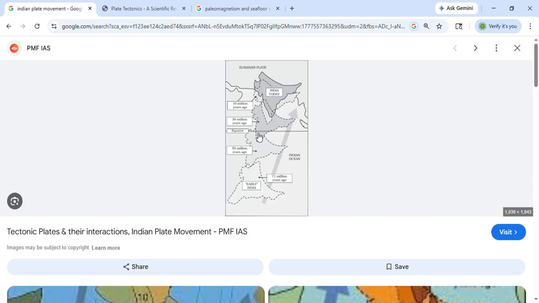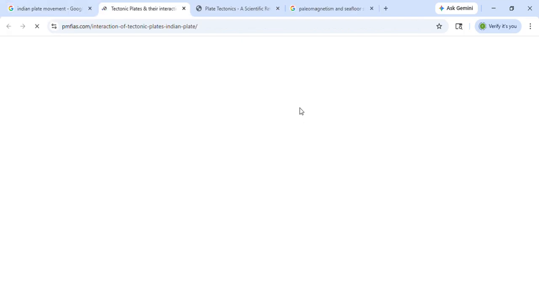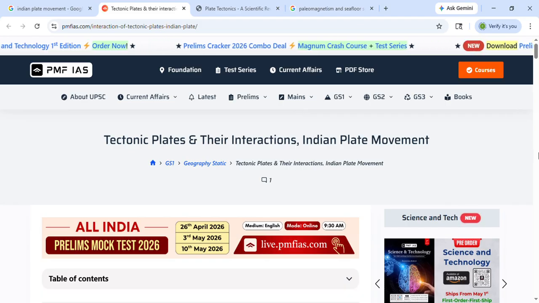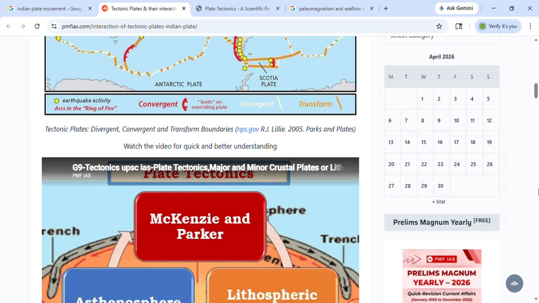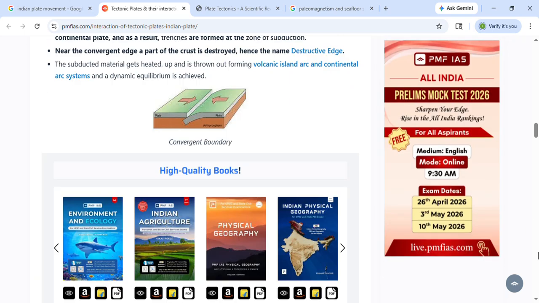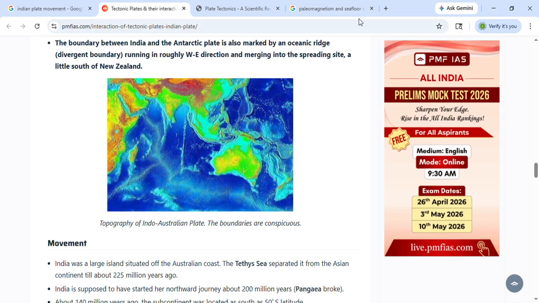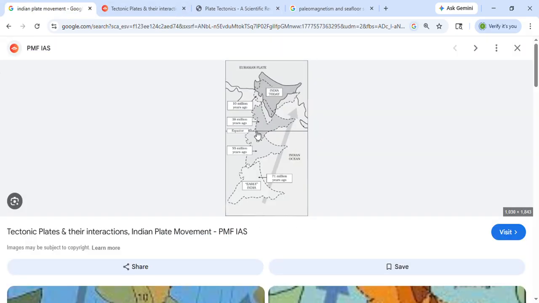India was a large island in the southern hemisphere. It moved north, crossed the equator, and eventually collided with the Eurasian plate about 40 to 50 million years ago.